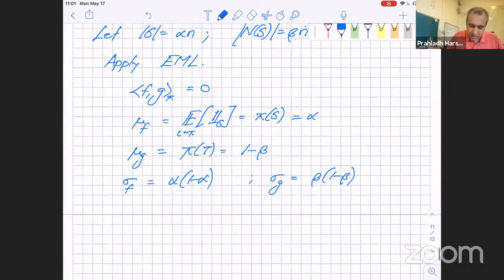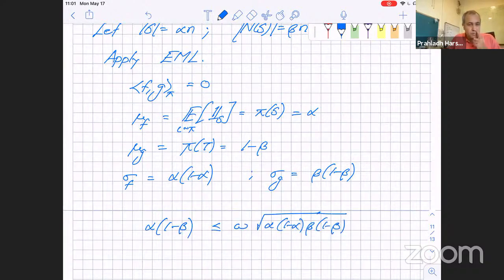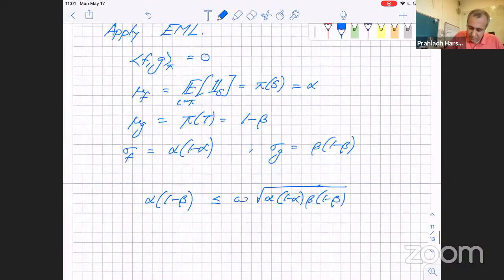So just applying EML, we get that alpha into 1 minus beta is less than or equal to omega times the square root of alpha 1 minus alpha beta 1 minus beta. Now I'll square both sides. I'll get alpha into 1 minus beta is less than or equal to omega into 1 minus alpha into beta.